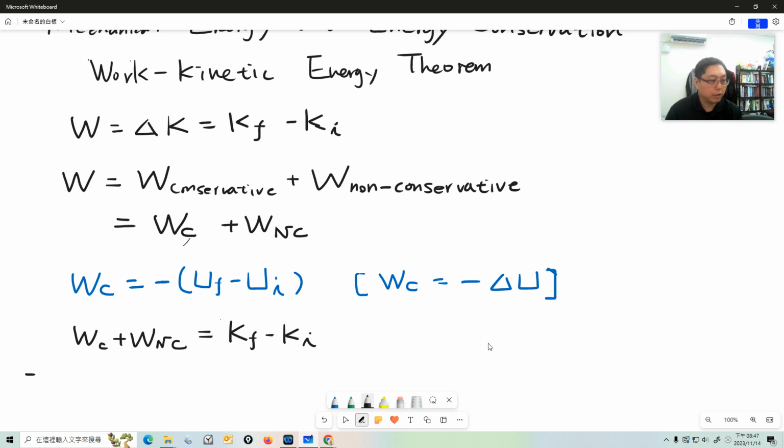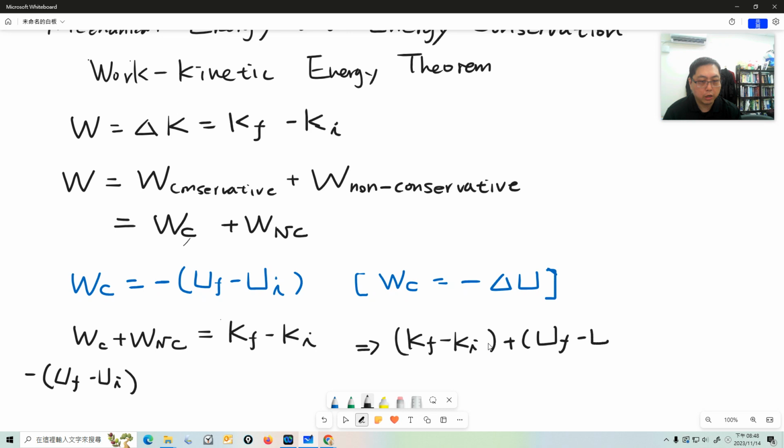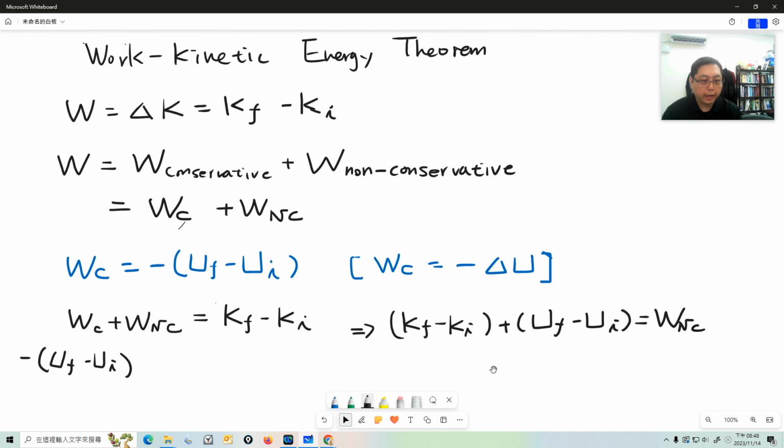So this term is minus (UF minus UI). Then rearrange it. We'll finally reach KF minus KI plus UF minus UI equal to the work done by the non-conservative force.